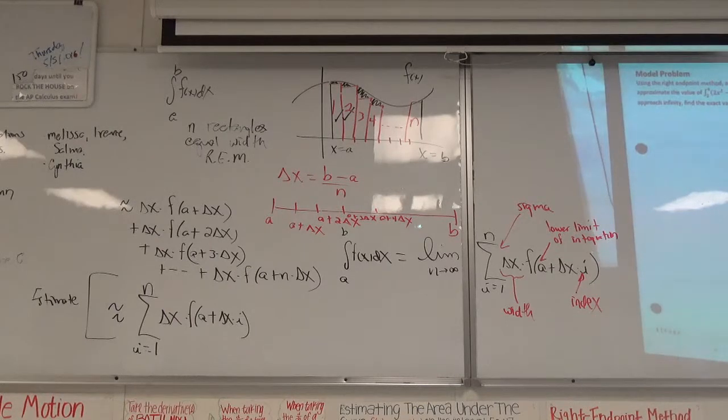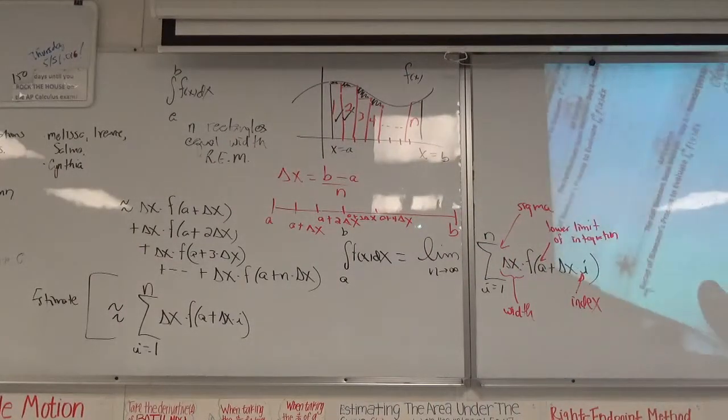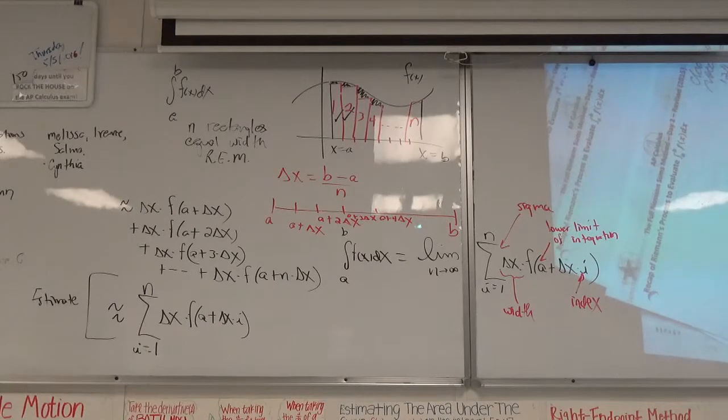Now you have to find the sum. It says letting the number of rectangles approach infinity. For which one?